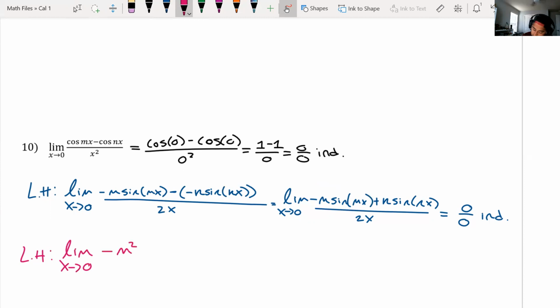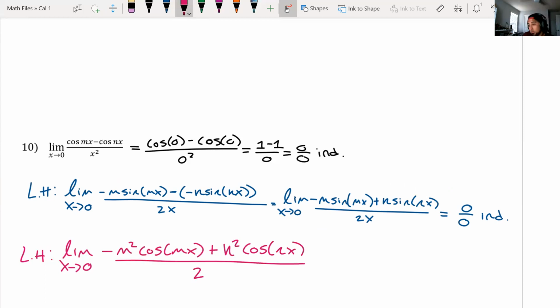Negative m squared cosine mx plus, what's our chain rule derivative of n sine nx? N squared cosine nx. Good. Over 2. That was the easy part.